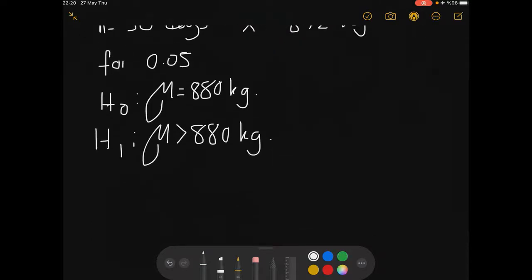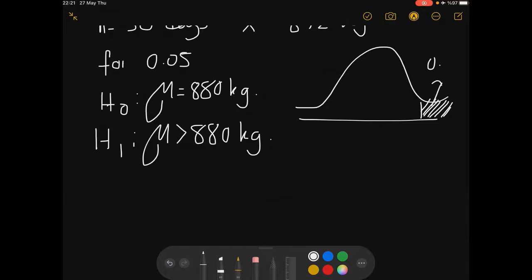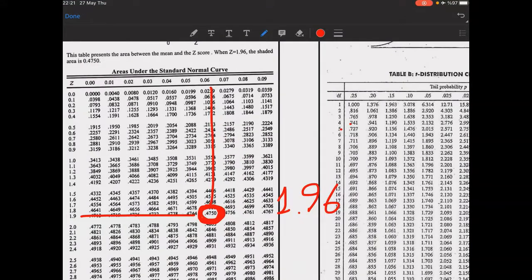So you're curious about only this region, and this is particularly 0.5, so you will be left here with 0.45. And the corresponding value for 0.45 was what? The corresponding value for 0.45 was between these two values, right?